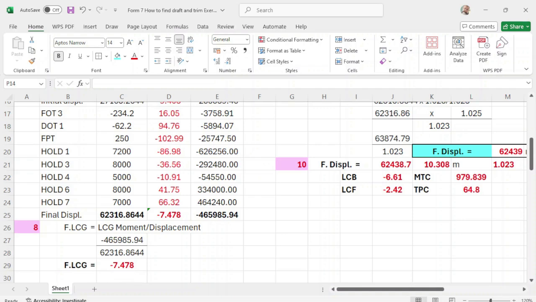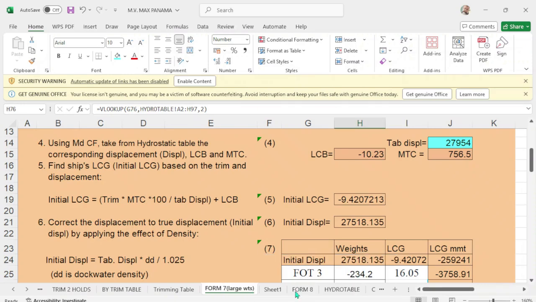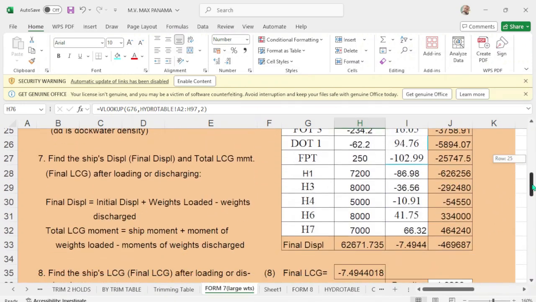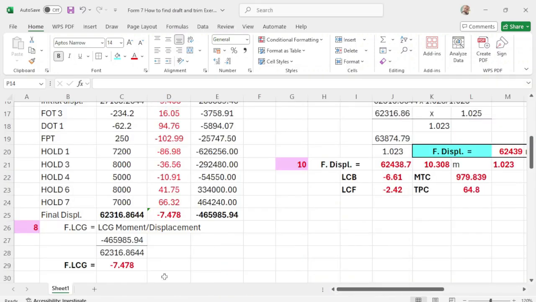And what you have in number 7, this final LCG is negative 7494. I got negative 7478. Okay, just take note, guys, of what will happen in the final answer.